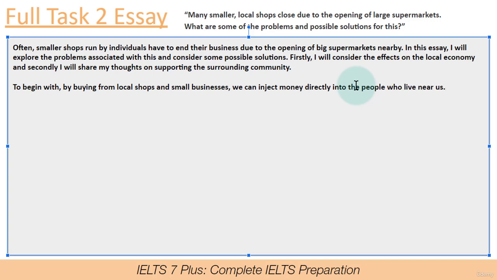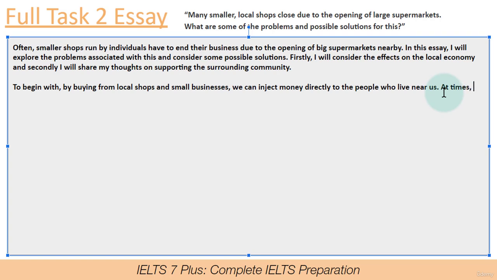I'm just trying to avoid repeating myself too often. So probably a slightly strange way of saying we can inject money directly into the local economy, but I feel like I might say this often. So I'm trying to think of, whilst writing, different ways to say local economy. Let's read this back. To begin with, by buying from local shops and small businesses, we can inject money directly to the people who live near us.